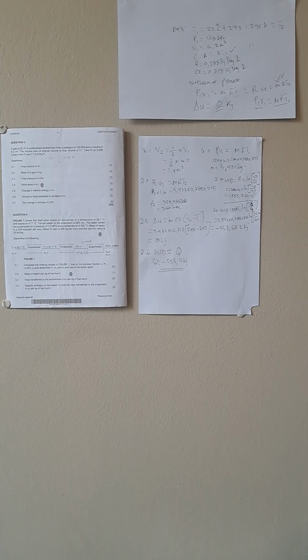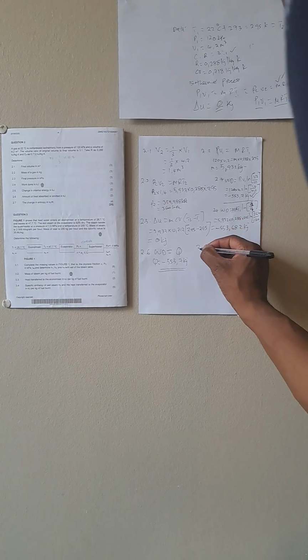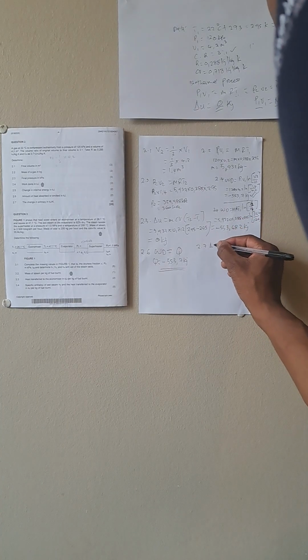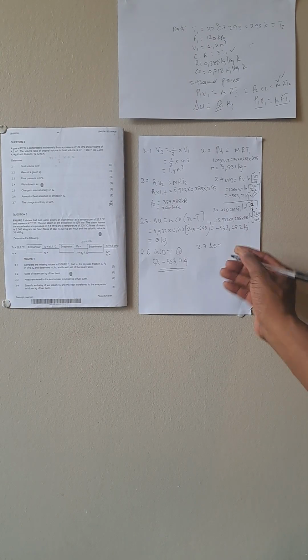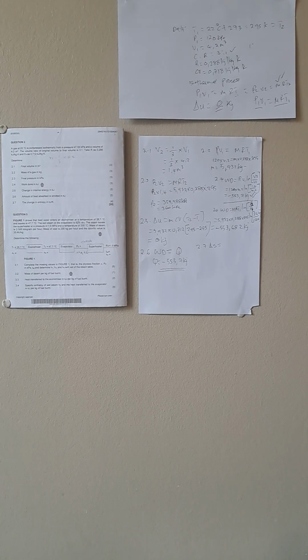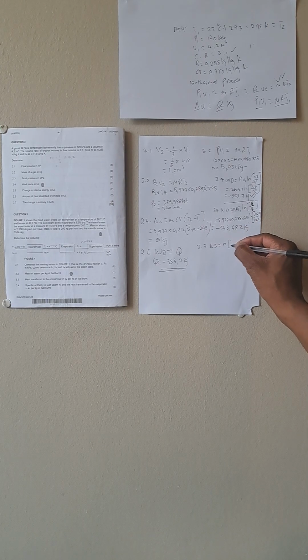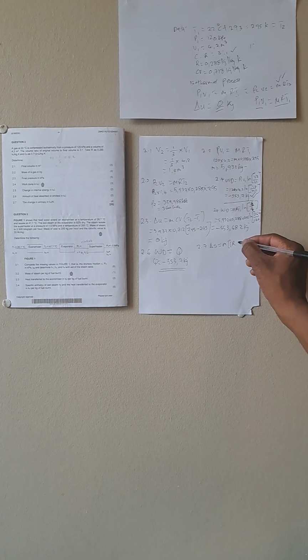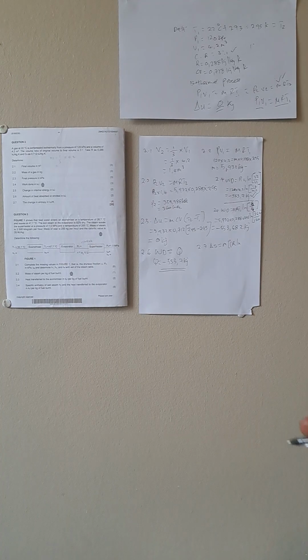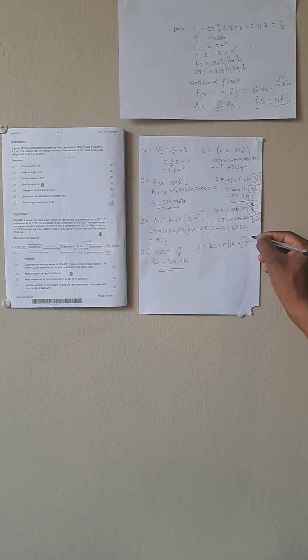And then lastly, 2.7, they want us to calculate our delta S, our change in entropy. This formula is once again there on your formula sheet. Delta S equals M bracket R ln of V2 over V1.